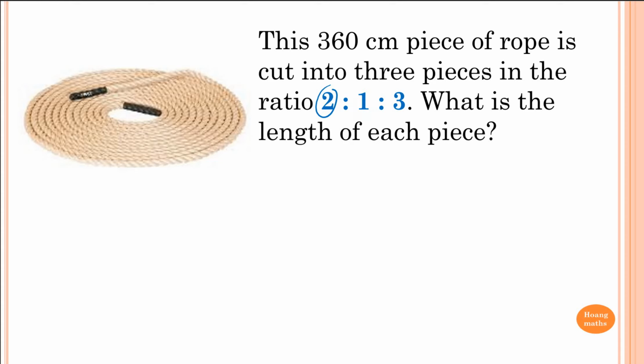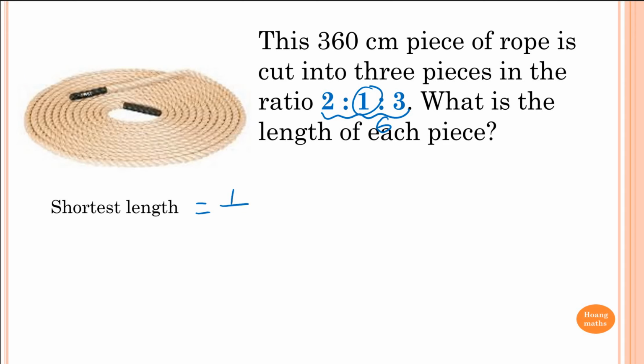Now we add together 2 plus 1 plus 3, which gives me 6 altogether. So we just do it in order. We're going to find out the shortest length first, which is this one here, 1.